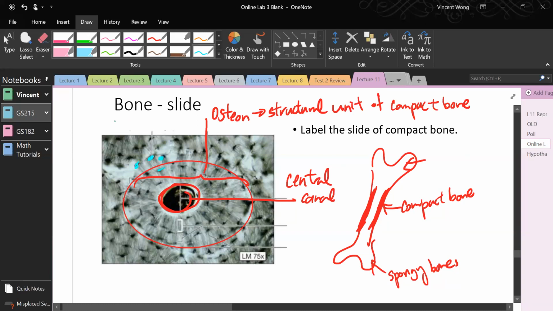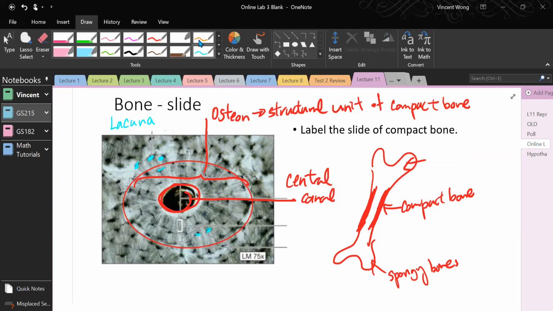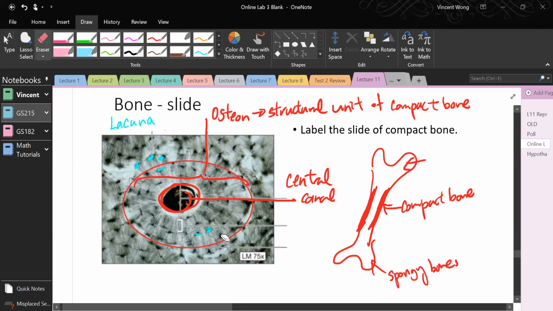Those pockets are called lacunae. That's where bone cells are going to be found. There is another lacuna here, another lacuna.